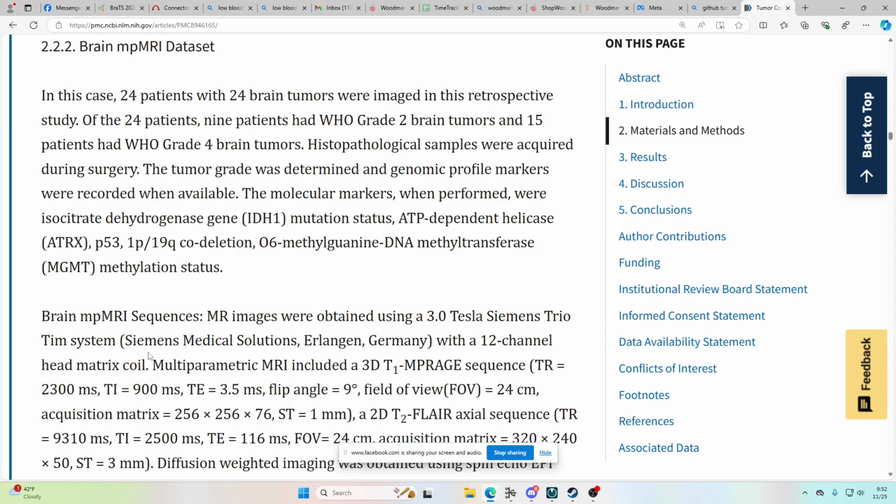MRI works by having a strong magnetic field that aligns all of the atoms so that they're all spinning in parallel to each other, and then it blasts radio frequencies. It scans through the brain, or whatever other tissue it's imaging, with a beam of radio waves.